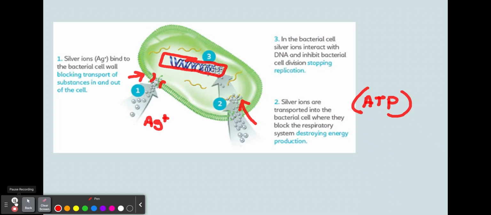Again, just reviewing, we have destroying the cell wall, the cell membrane, that is, and breaking inside and causing problems with the respiratory system, stopping it from producing cellular respiration and making ATP, adenosine triphosphate, and also interacting with DNA, causing it to stop reproducing.